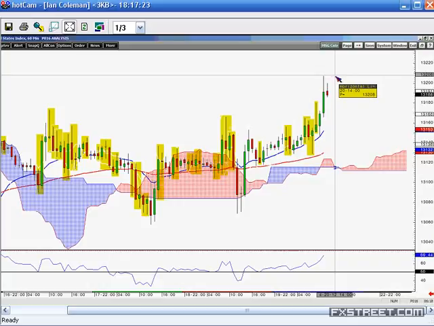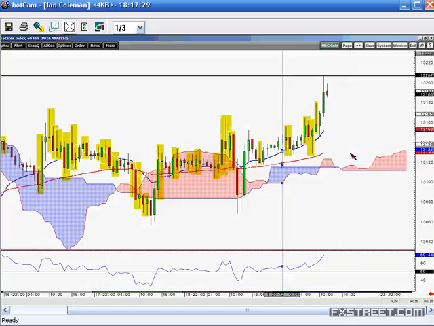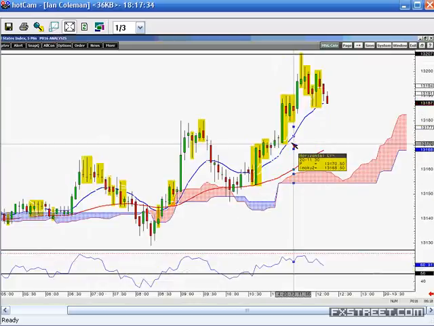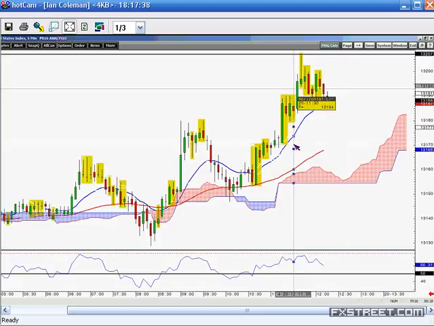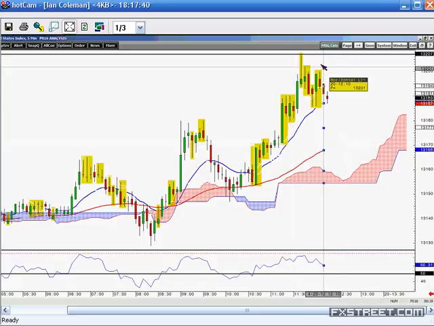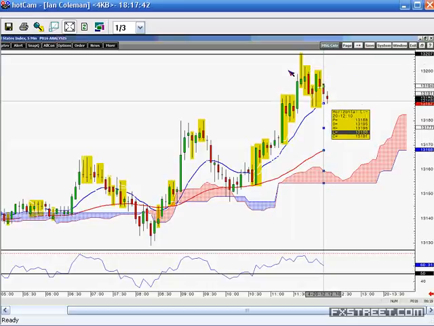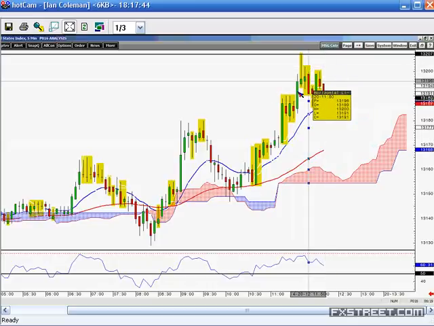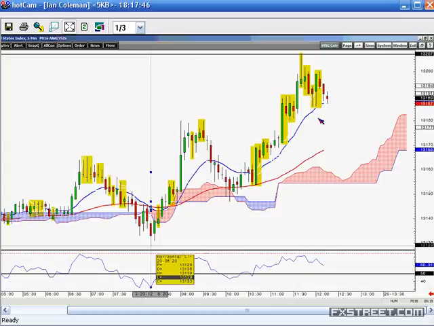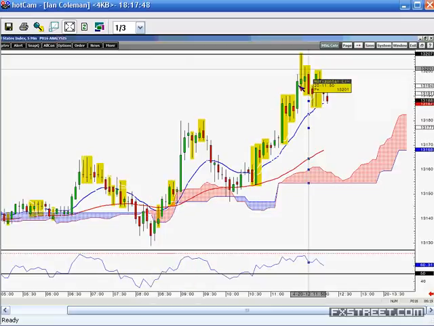Okay, so the bias is still pushing up, but we have got resistance here, because we've taken that resistance off that weekly chart, then down to short time frames. And again, don't get too panicky about price action inside here, because you can't turn a train that quickly.